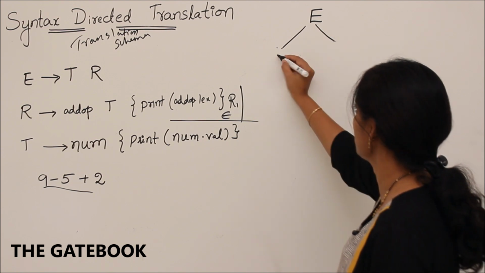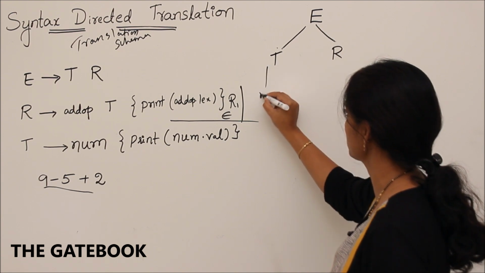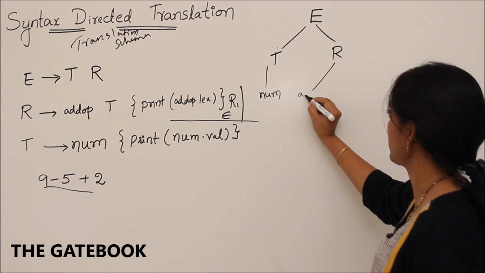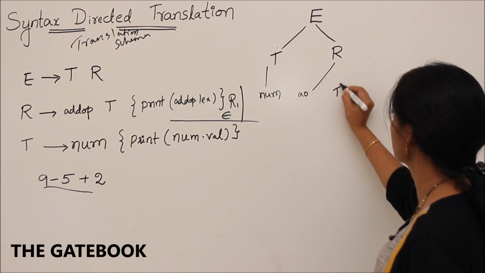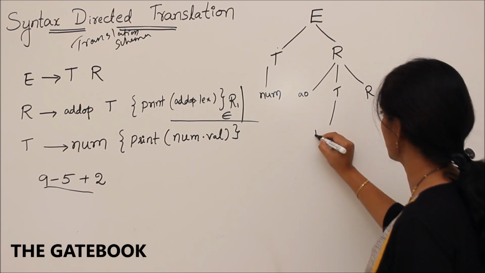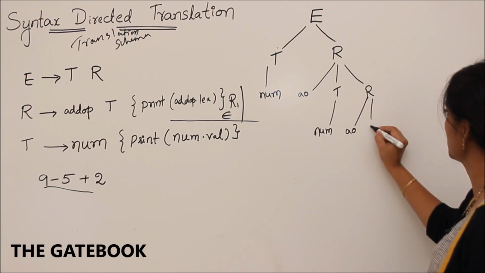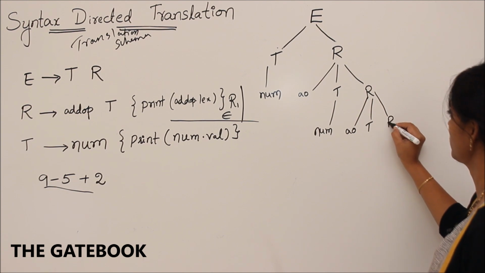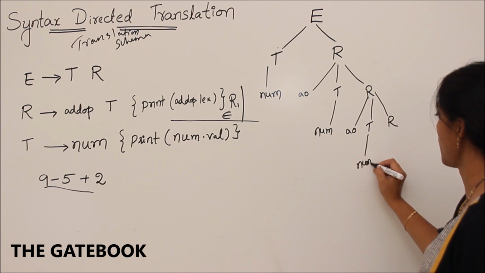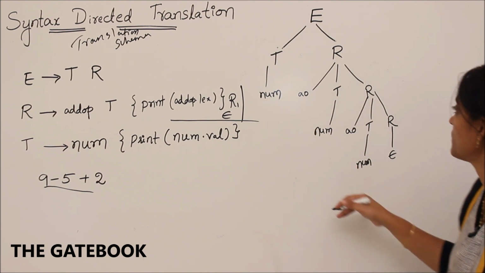So let's start with E. E derives T R, and T derives number, that is the production, and R derives add of T followed by R, and T derives number again, and R derives add of T and R, and again T derives a number, and R derives epsilon. So this is the parse tree, right?